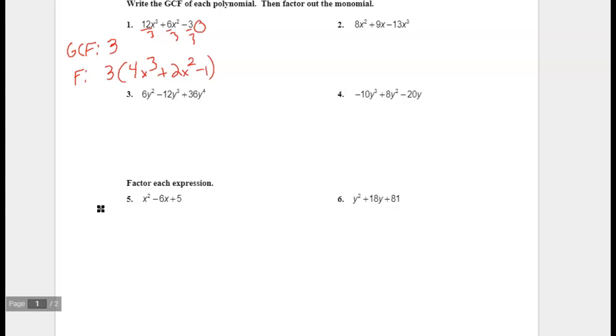So it's the same thing on all of these, but like the one, come over here and start with your smallest number, 8, and then try to figure out what goes into the others. And it ends up being, I believe, a 2, but then also a y. So you divide all these by 2y.